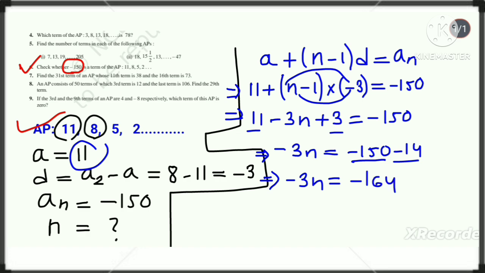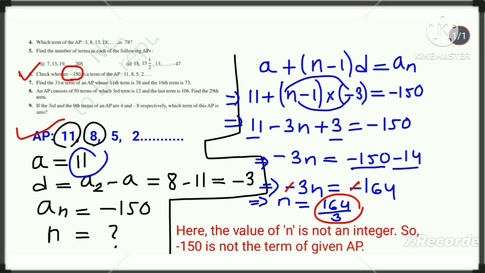Now this sign of subtraction and this will be cancelled out, and here remains n equals 164 by 3. Here we came to know this n is not an integer, so the value of n is not an integer, so minus 150 is not a term of the given AP.